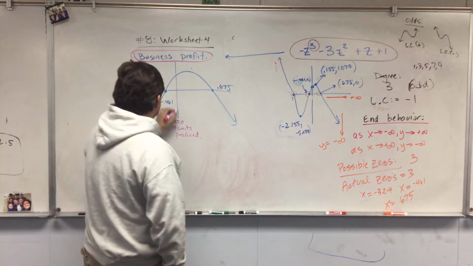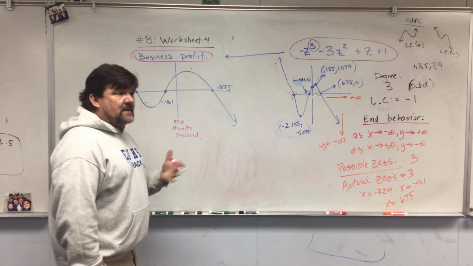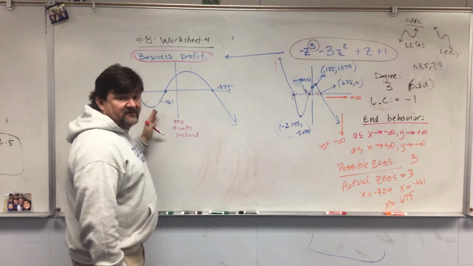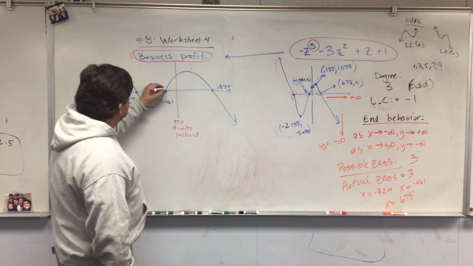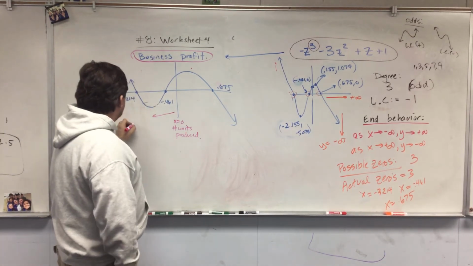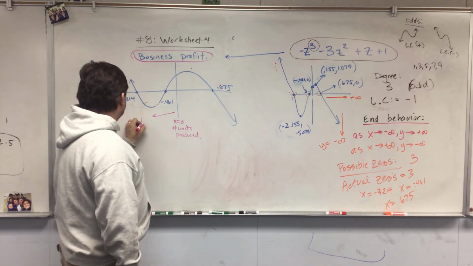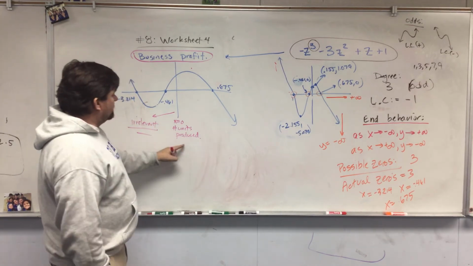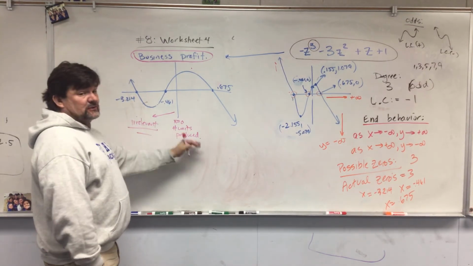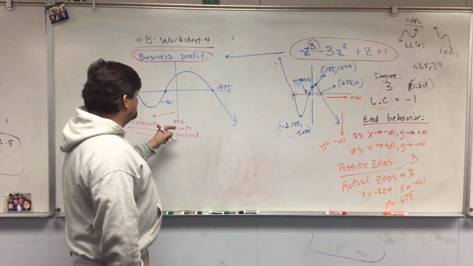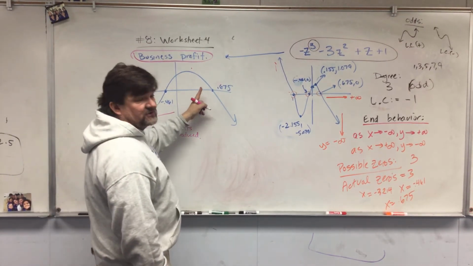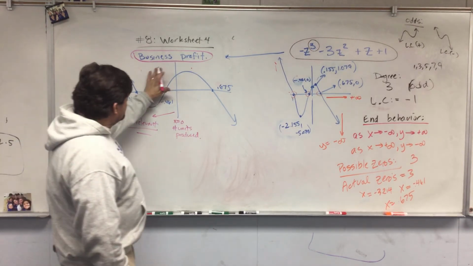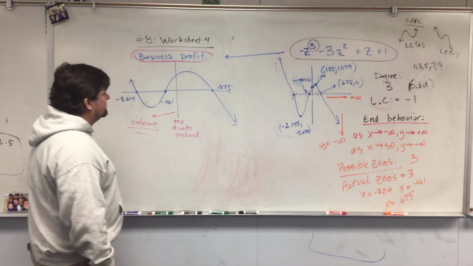Because if this is x equals 0, if I own a business, let's say the units is shoes, am I going to produce negative 1 shoes? No. So this side of the graph is what we call irrelevant. It makes no mathematical sense because the number of units is to the right that we want. We want to be able to produce 1 shoe, 2 shoe, 3 shoe, 4 shoe, 5 shoe, whatever we need, right? Okay? So this left part of the graph doesn't really matter.